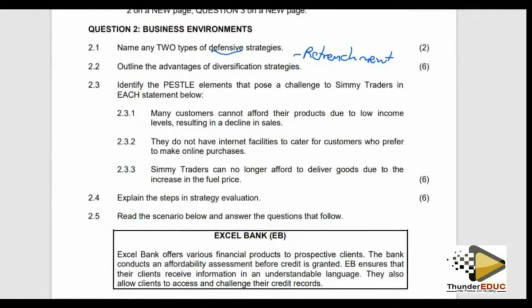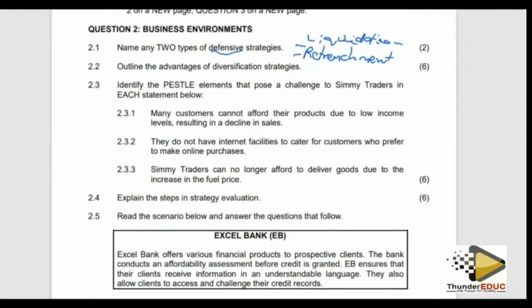Another strategy that the business can engage in is what we call liquidation. With liquidation, we check how fast assets can be turned into money. So in this regard, the business has to sell some of its assets so as to get money.